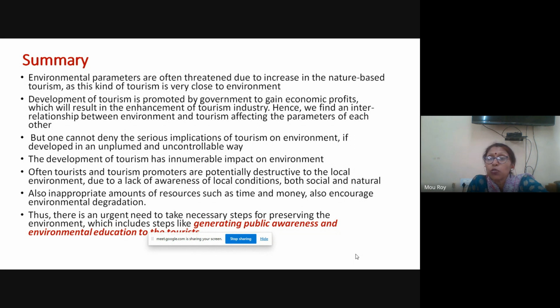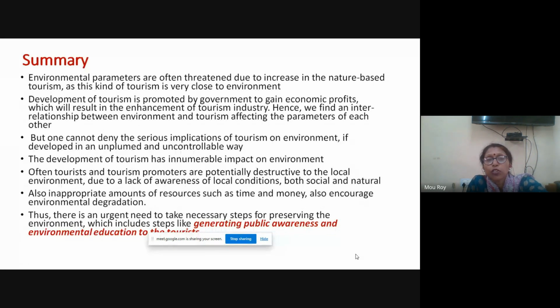It can also be known as responsible tourism, because we as individuals, as a group, as a community, as stakeholders, all have some responsibility towards nature. That is the reason it is known as responsible tourism.